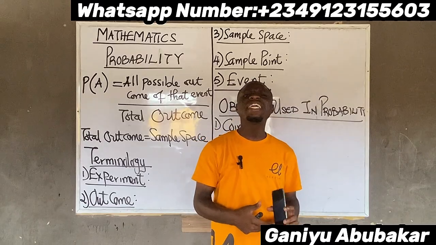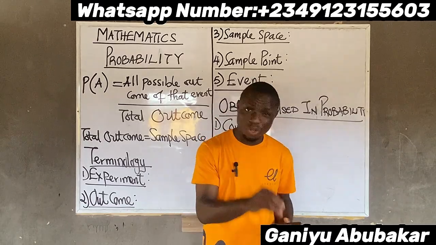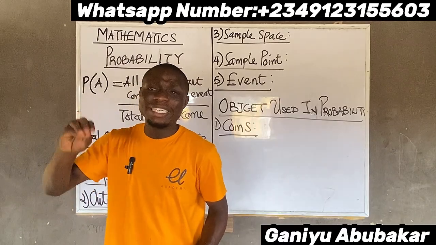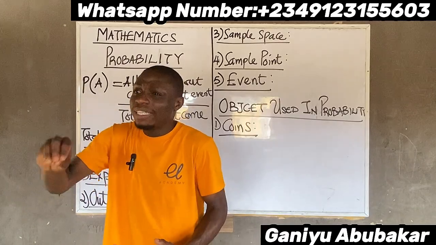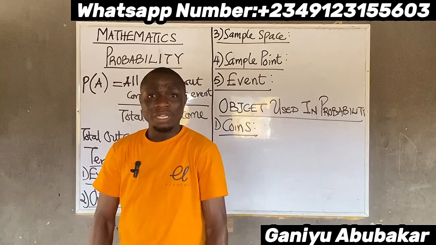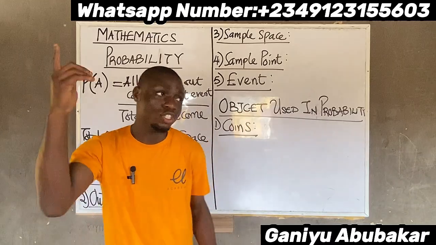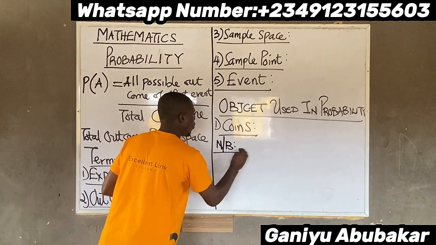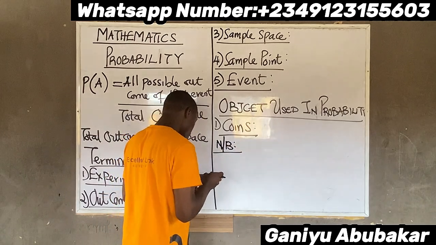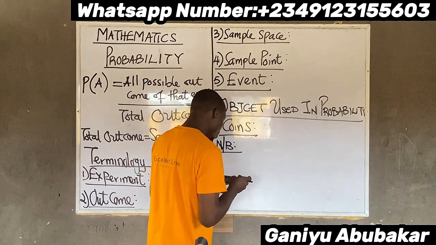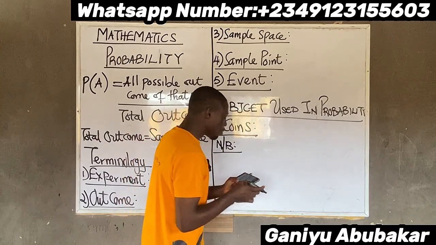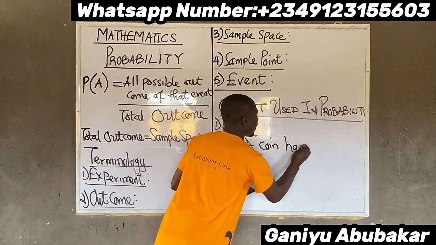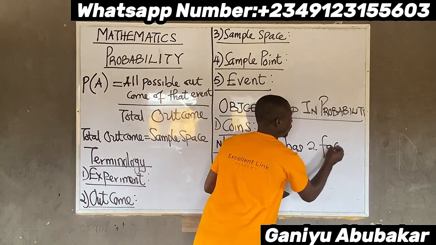Now, what are the key things to note about coins? Whenever you see a question under probability that focuses on coins, what are the things I need to digest before I can answer that question? Under coins, please note: a coin has two faces.